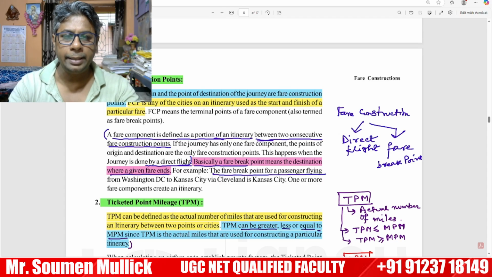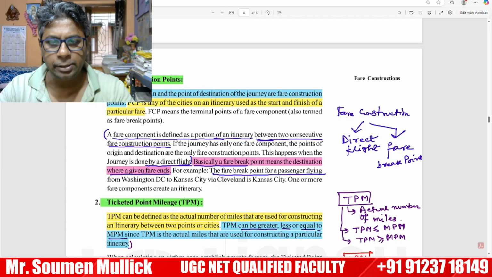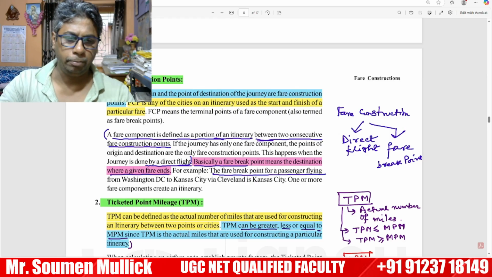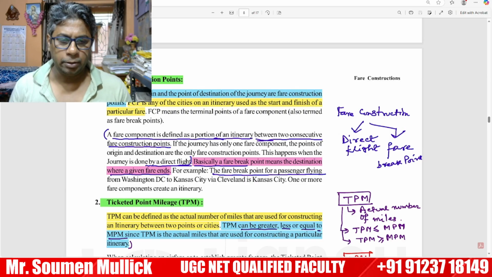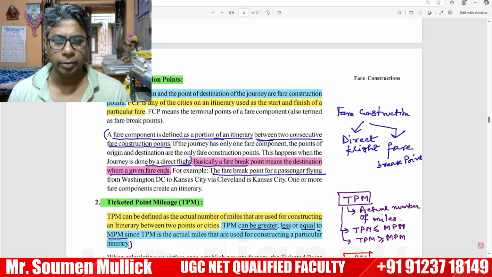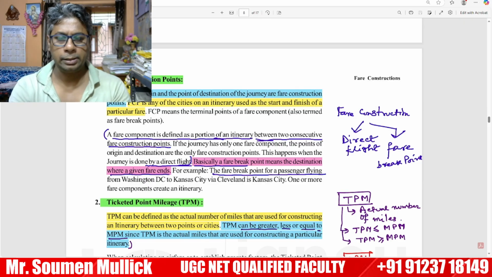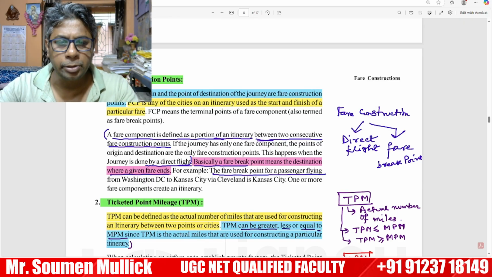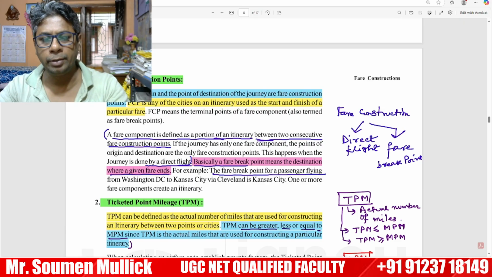FCP is any of the cities of an itinerary used at the start and finish of a particular fare. FCP means the terminal point of a fare component.